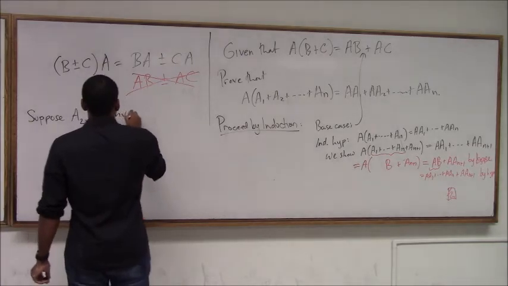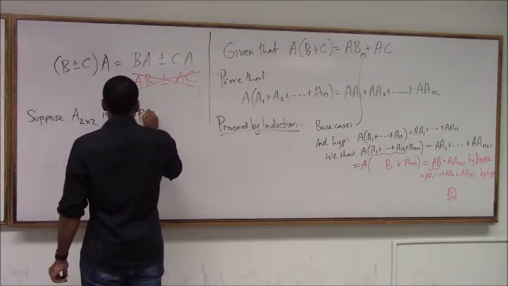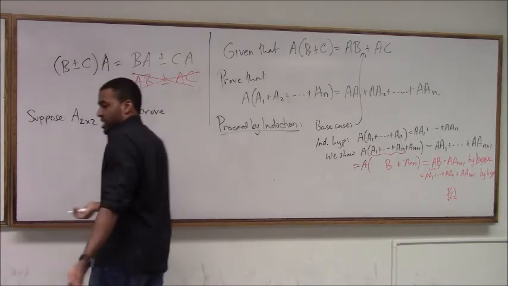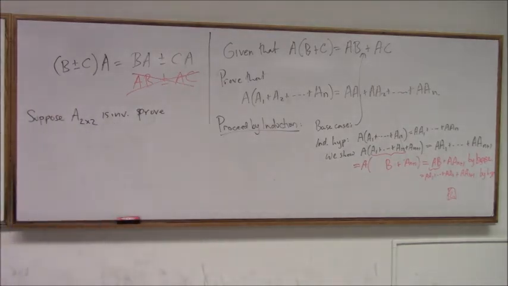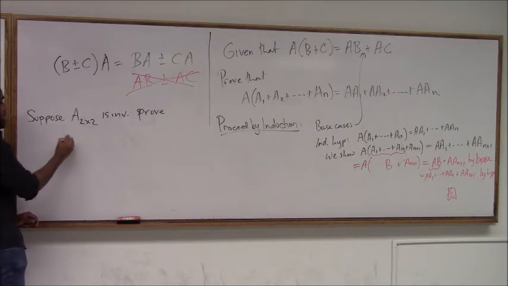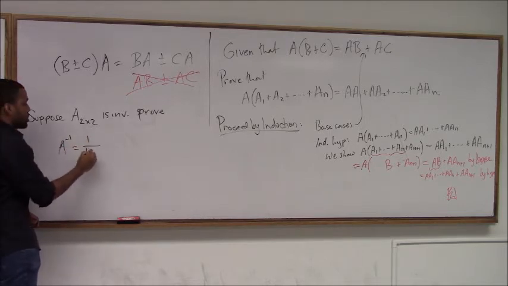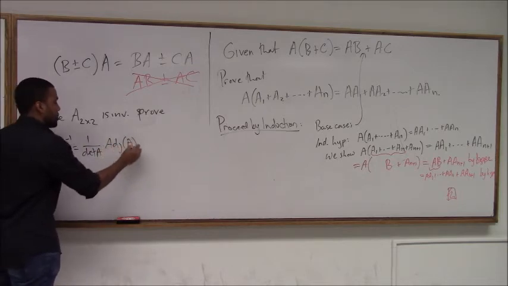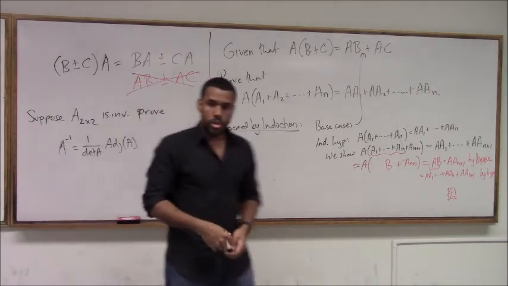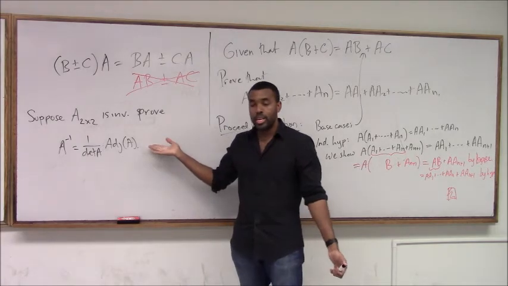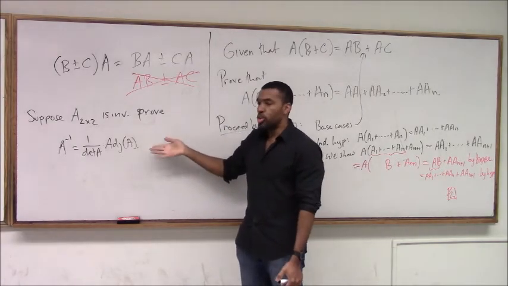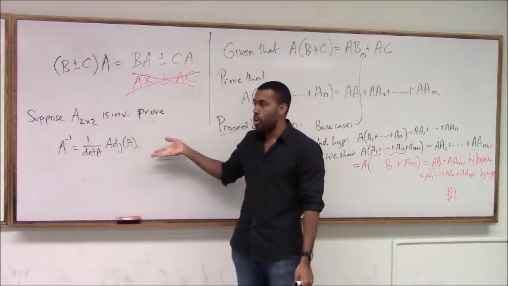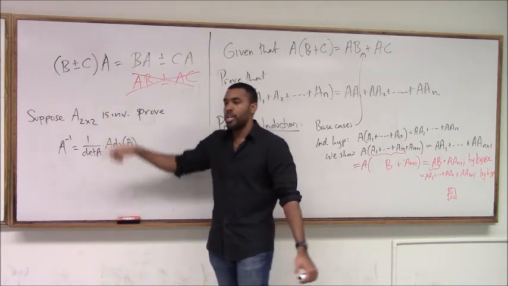Prove a formula that we know in general, but I want you to actually go through the steps for a specific case: that A inverse is equal to 1 over the determinant of A times the adjoint. This is true in general for any invertible matrix, but could you actually write down a proof going through all the steps showing that it is true for a 2 by 2?